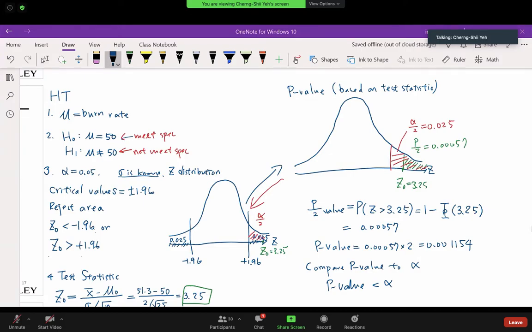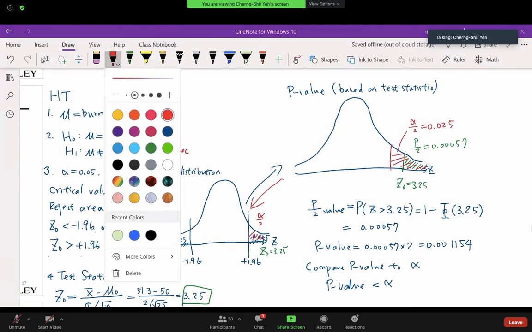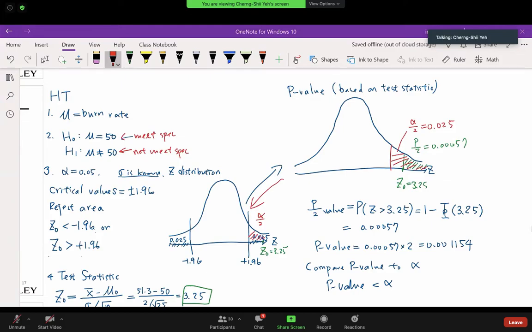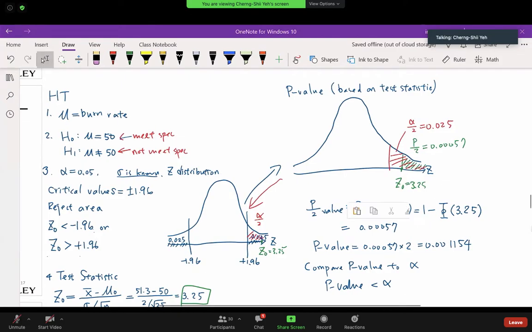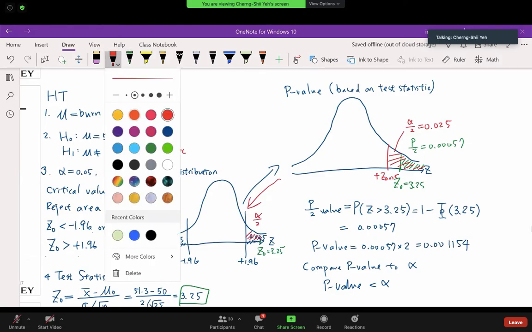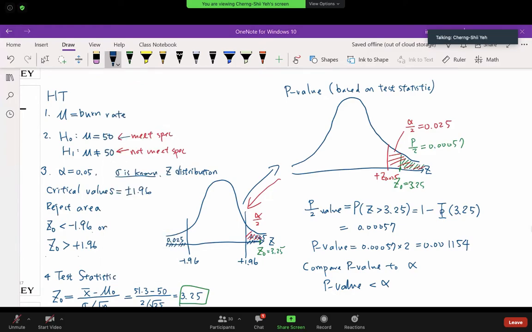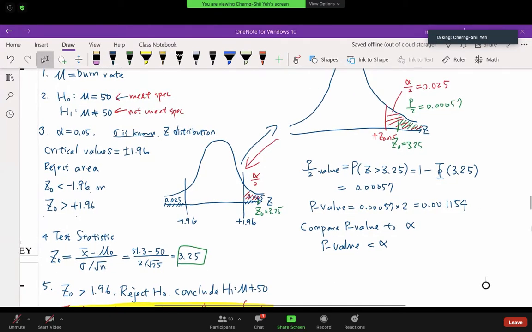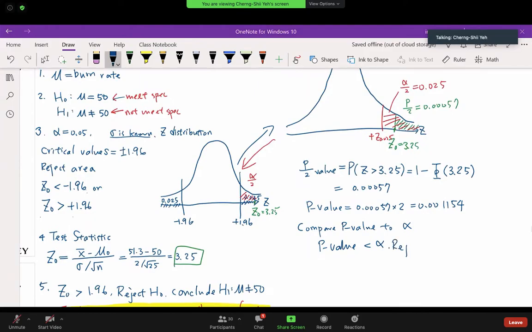The only way for that to happen is when my z-test statistic is located on the right-hand side of my critical value, positive z 0.025. That's the only possible way to have my p-value less than alpha. In other words, when p-value is less than alpha, we reject the null hypothesis and conclude the alternative hypothesis.